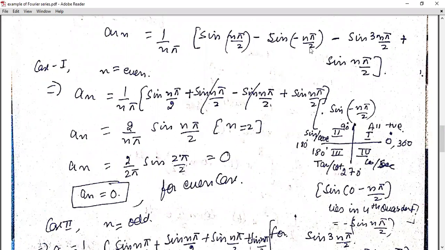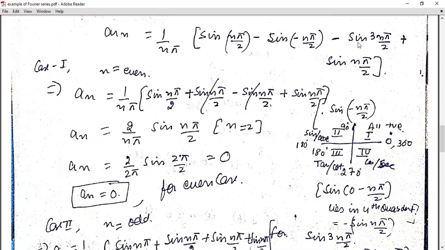So in this case, if we are considering any even number, suppose we are considering 2, so 2 and 2 will be cancelled out. So sine of 180 degrees. It will come into the third quadrant. The value is negative, so negative negative will be positive. We can write it plus sine of n pi by 2.